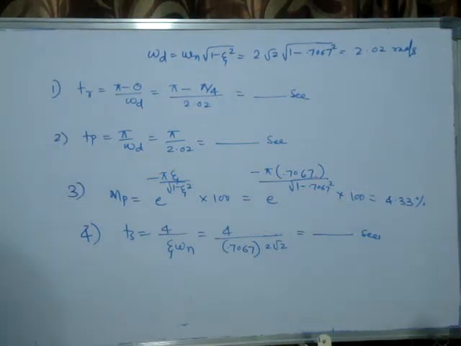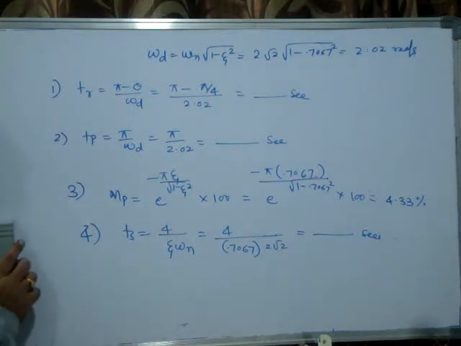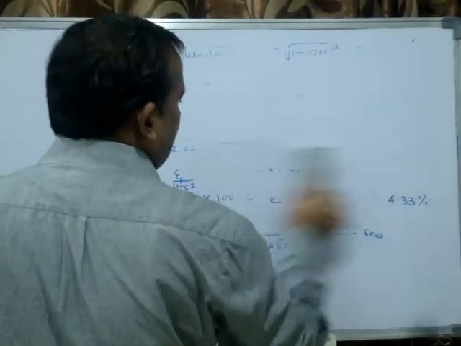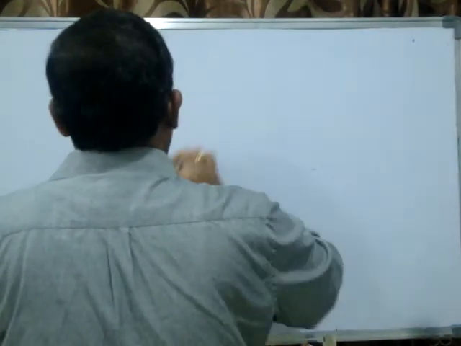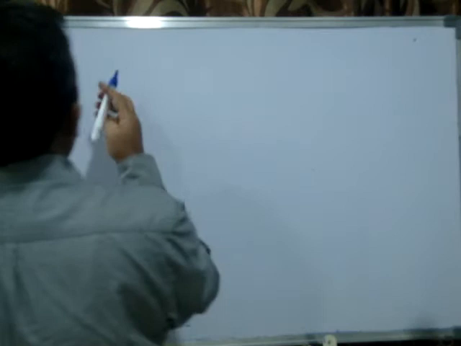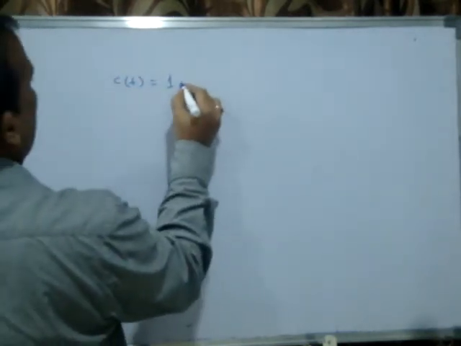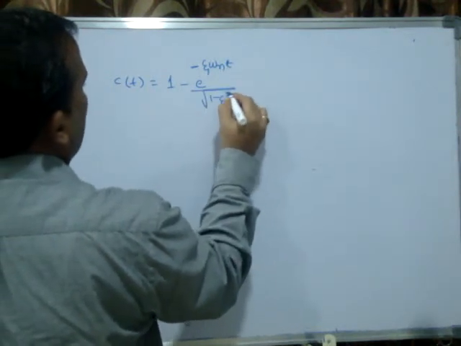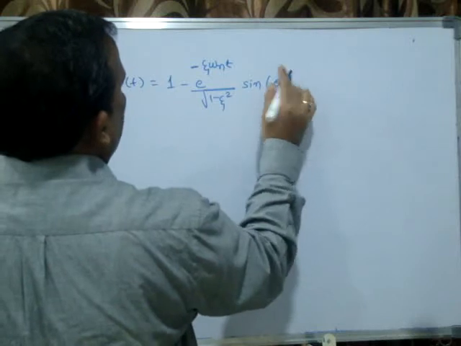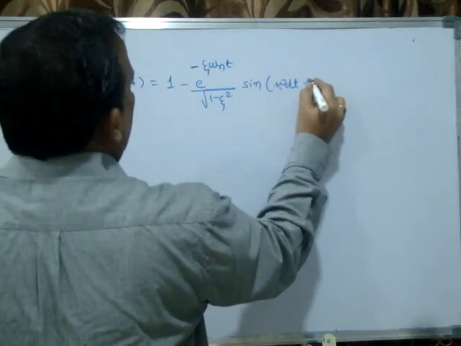Very important in this problem, he has asked for C of t, the time response. C of t equal to 1 minus e raised to minus zeta omega n t divided by root of 1 minus zeta square, sine of omega d t plus theta.